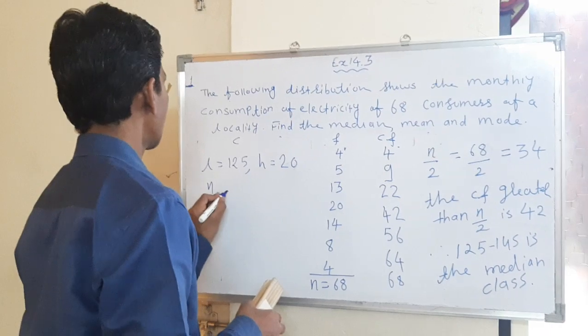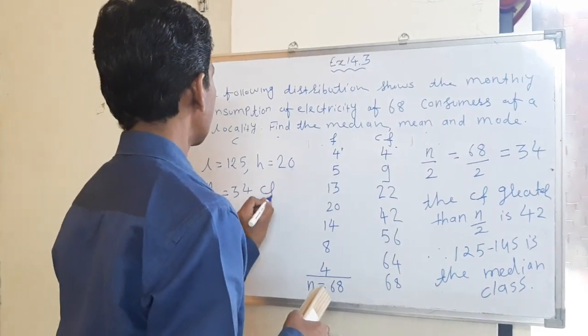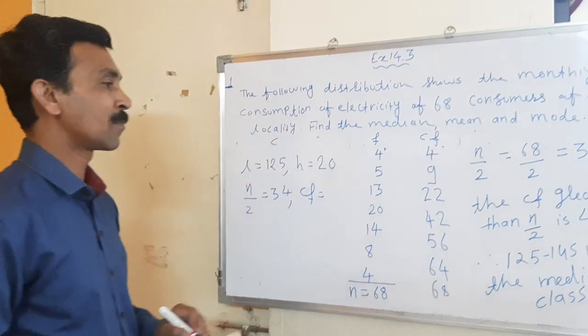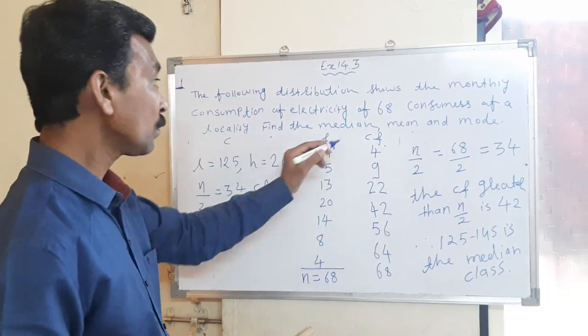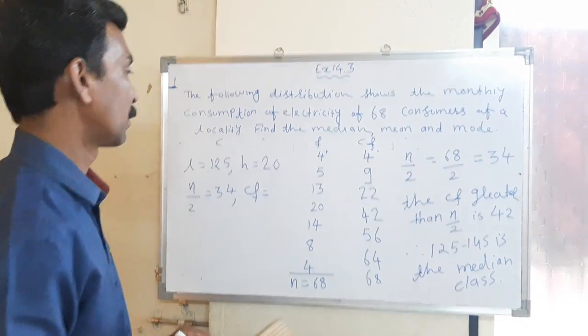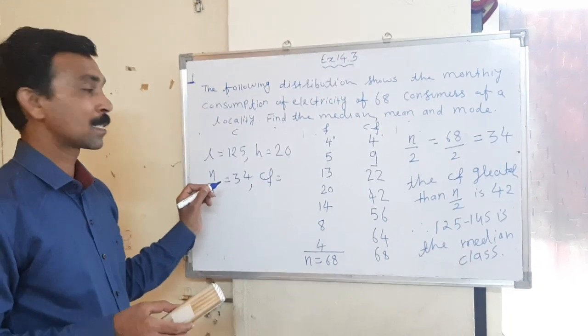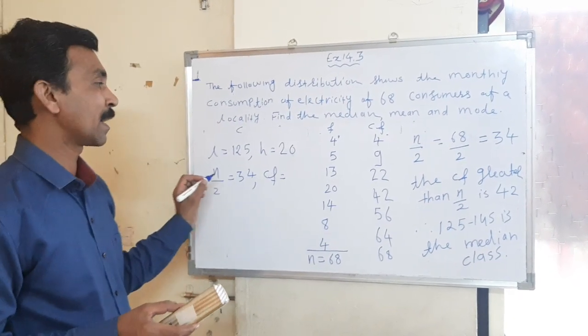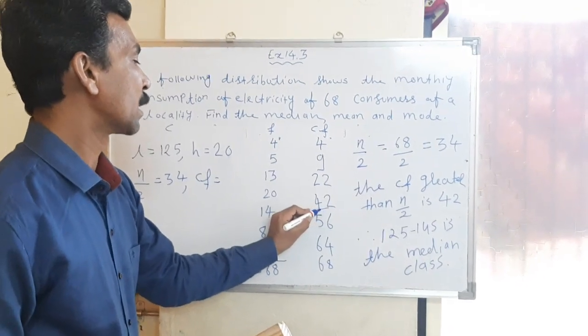N by 2 was 34. Now we have to take CF. You have to see in CF's column, right? We have taken the median class as 125 to 145. If you go straight, it comes here.